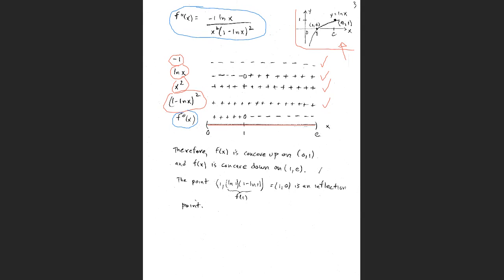Okay, so then the second derivative is positive when x is between 0 and 1. How are they getting that? What are they doing there? How are they getting positive for that second derivative when x is between 0 and 1?